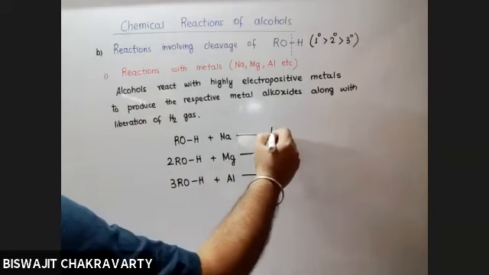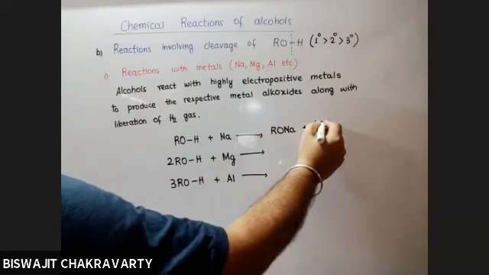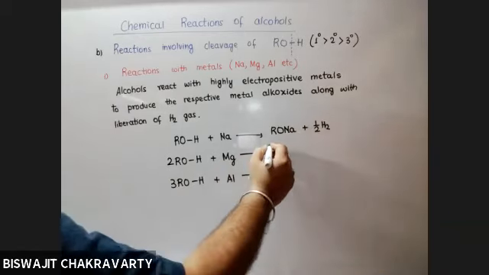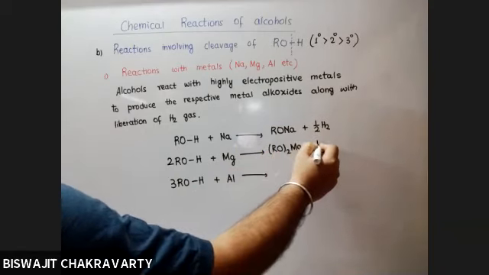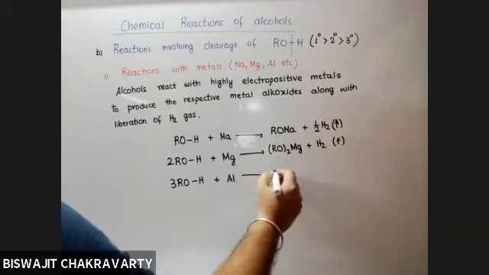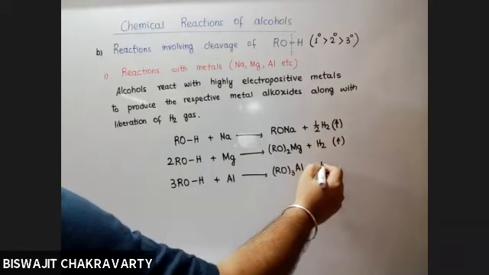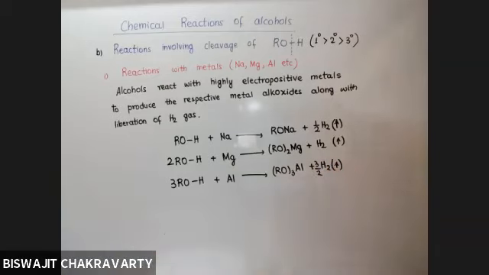The first one will give you sodium alkoxide along with liberation of hydrogen. Second one will give you magnesium alkoxide, hydrogen will be liberated as usual. And third one will be aluminium alkoxide. So in every case, hydrogen is getting liberated.